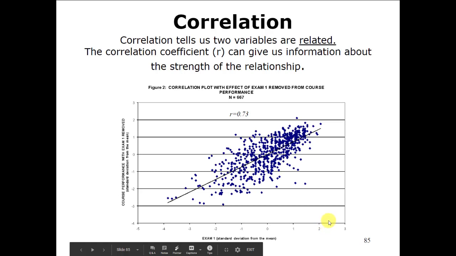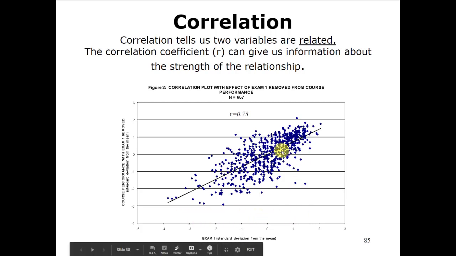Let's start by defining correlation. Correlation, as we've learned, tells us that two variables are related. The correlation coefficient, or R, can give us information about the strength of that relationship. So let's look at this particular scatter plot. This scatter plot is showing the relationship between the score of a student's first exam in a chemistry course versus their overall performance at the end of the semester.